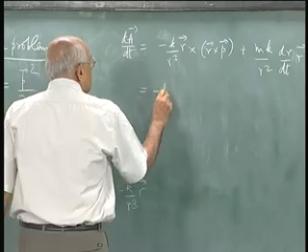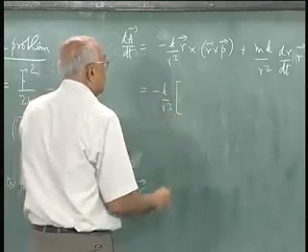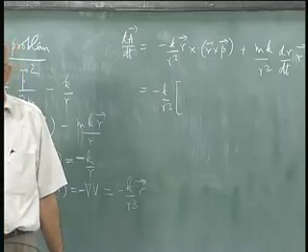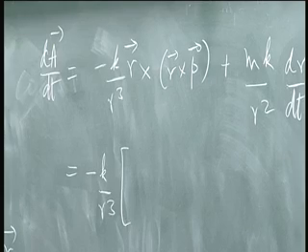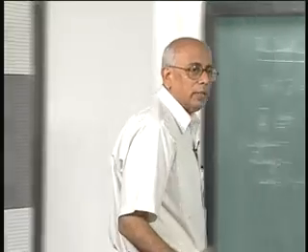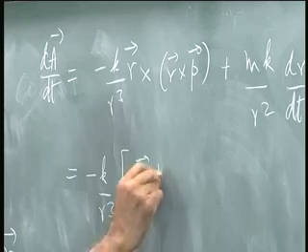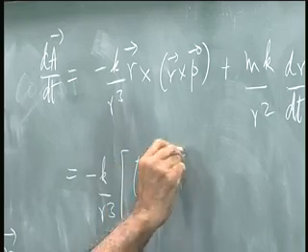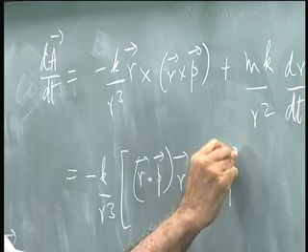This is minus k over r cubed, and let us use the formula for the triple product, A cross B cross C. What is A cross B cross C? A dot C B minus A dot B C, so that is R dot P times R, minus R squared times P.